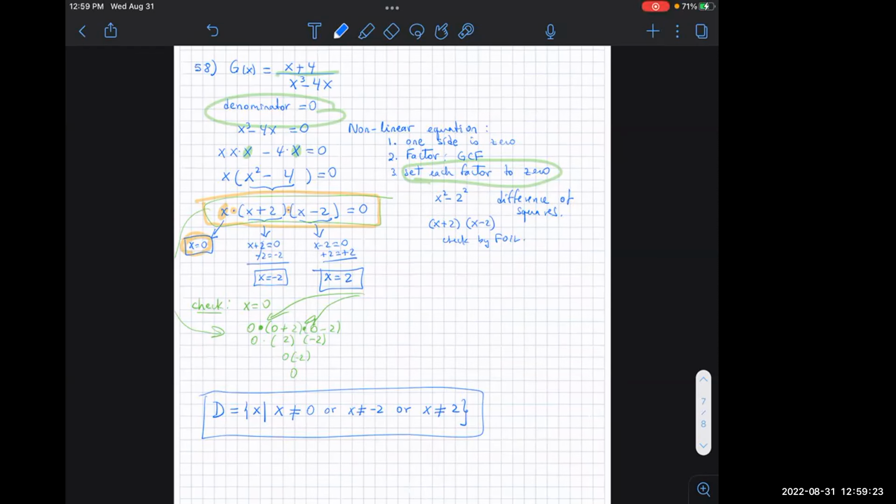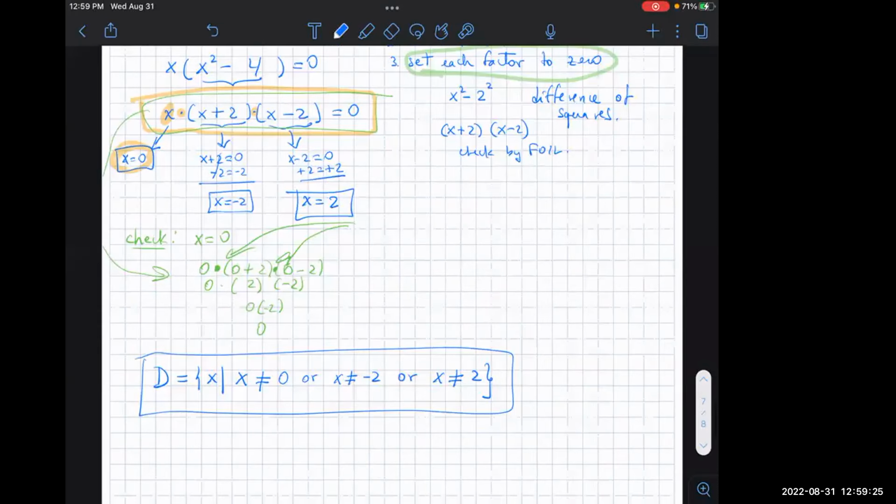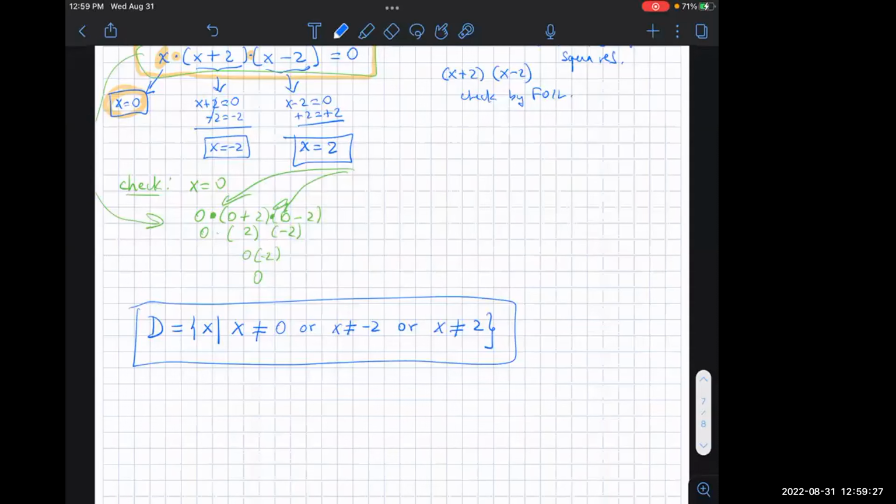If we want to abbreviate it, x not equal to 0, comma, plus or minus 2. That would be the shortest. Or you can also do x not equal to 0, comma, x not equal to plus or minus 2. Yeah, you can have any of those versions.